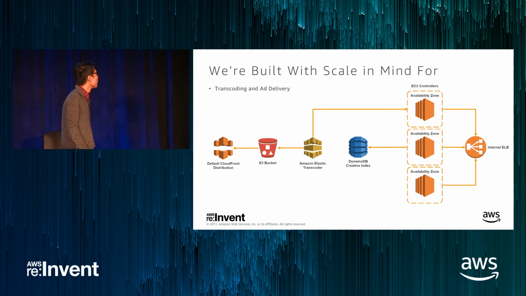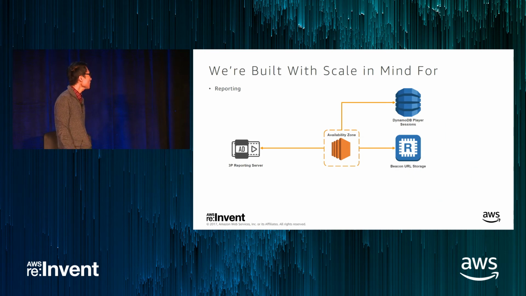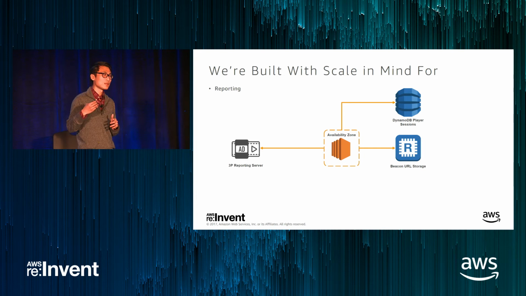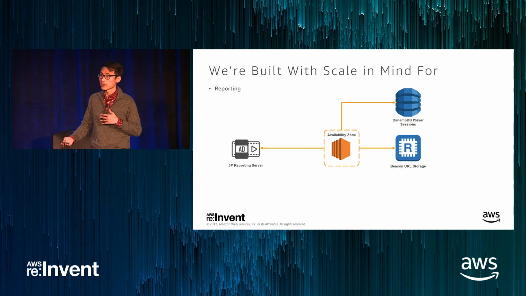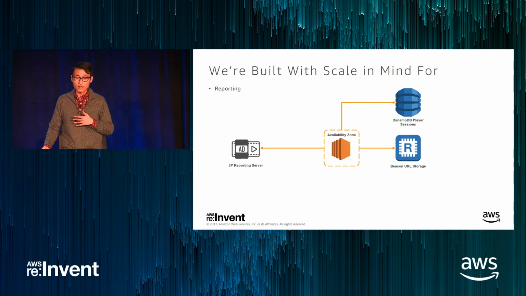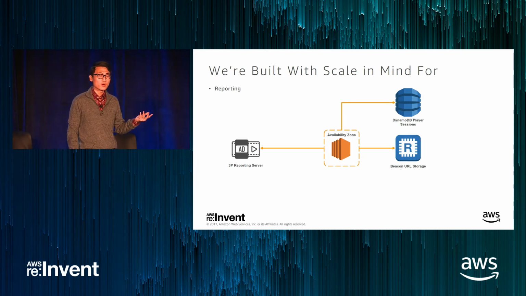And finally, reporting. Again, we use Dynamo as our session state store to figure out whether a player session is in an ad break or not. If we figure out it is in an ad break, we make a request out to the ad server. The ad server responds back with VAST XML. We parse it, find out all the ad creatives that we may or may not have to transcode in the previous slide, and then we find all the reporting information.